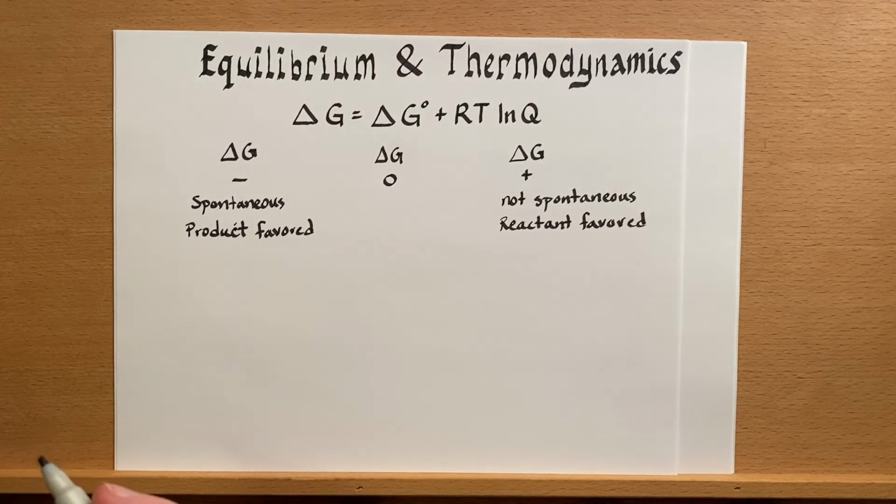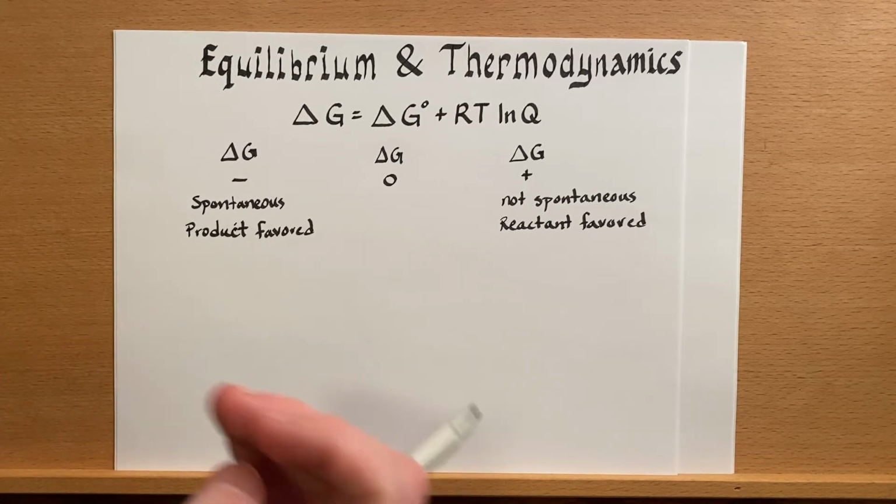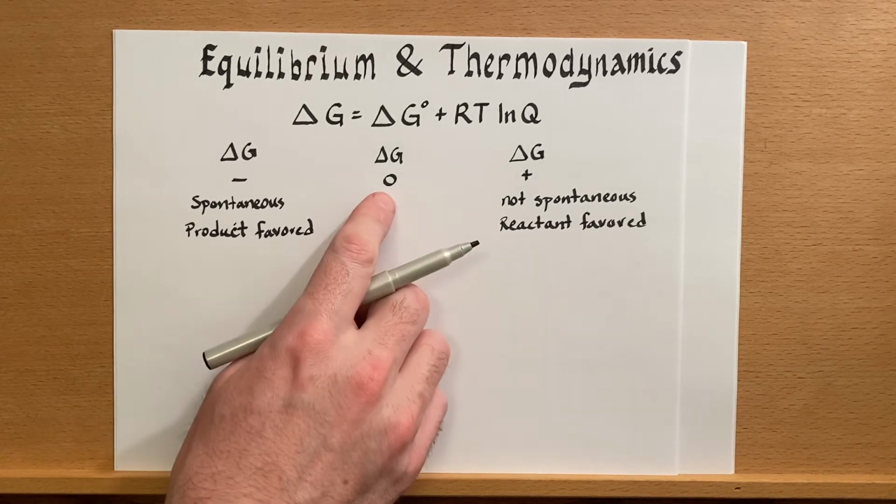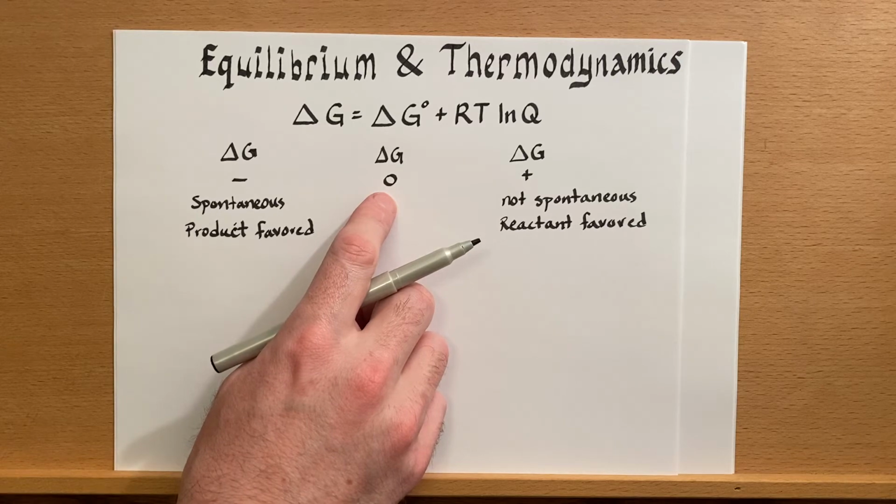Well, in that case, neither the forward reaction or the backward reaction is favored. Now, what's the definition of being at equilibrium? Well, that means that the forward reactions and the backward reactions are equal and opposite to each other. Therefore, when we have that, no net reaction is happening, and delta G will be 0.